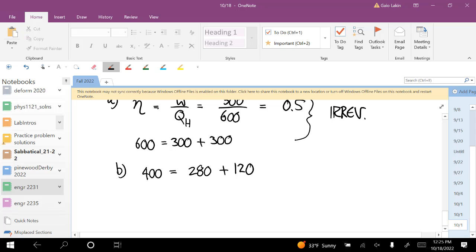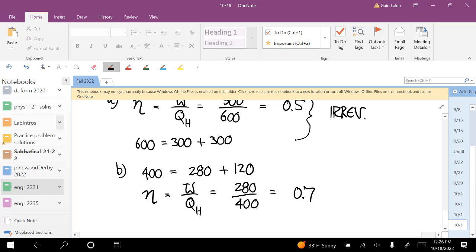So then we'll go to the performance, and that's W over QH. So 280 over 400, that is 0.7.